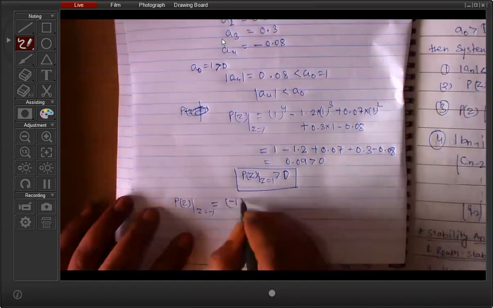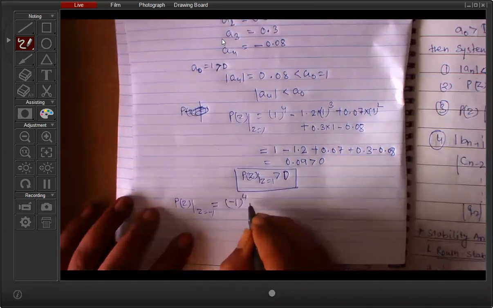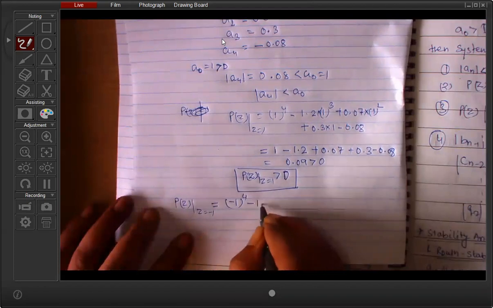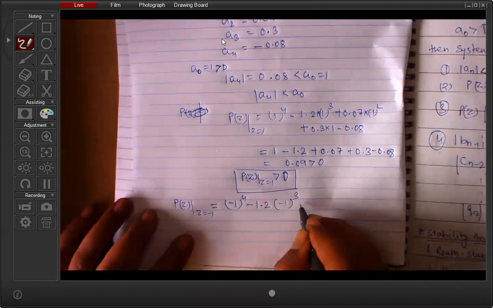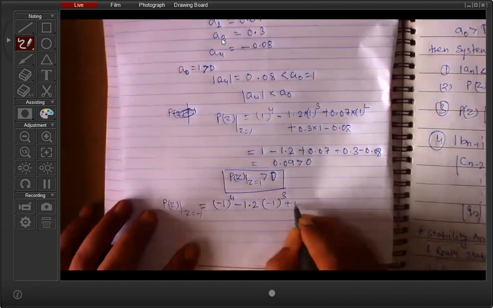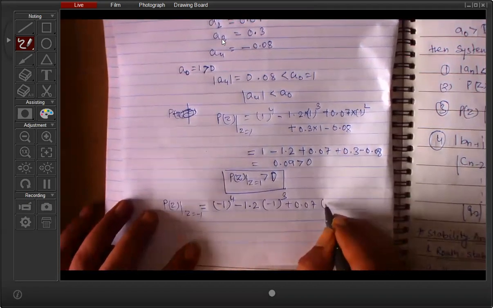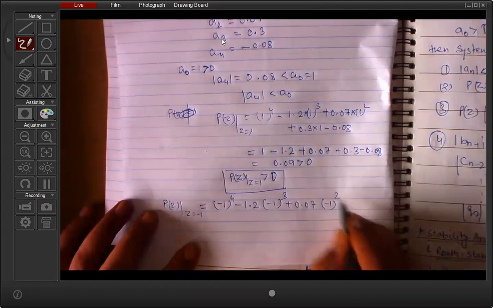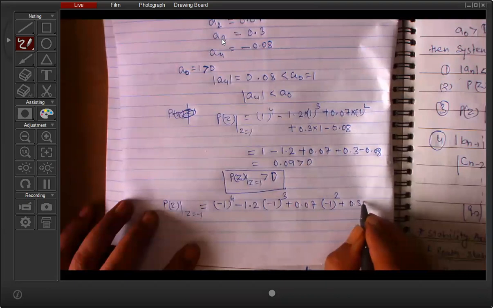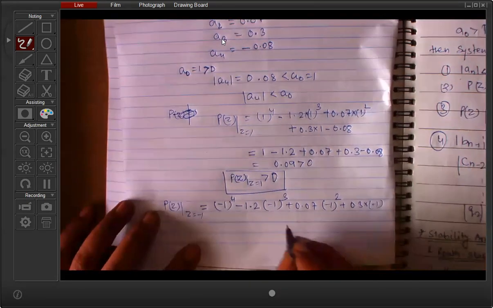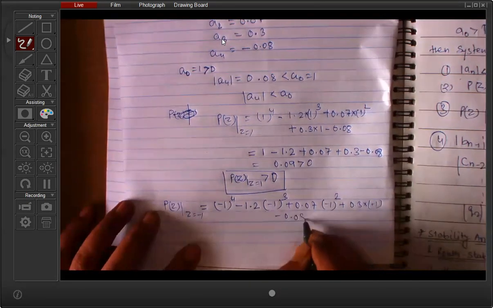So again, minus 1 to the power 4 minus 1.2 into minus 1 to the power 3 plus 0.07 into minus 1 to the power 2 plus 0.3 into minus 1 minus 0.08.